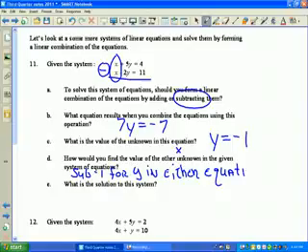So we're going to use one of these 2 original equations to substitute that negative 1 in for the y. So let's go ahead and do that. Let's pick the first equation.